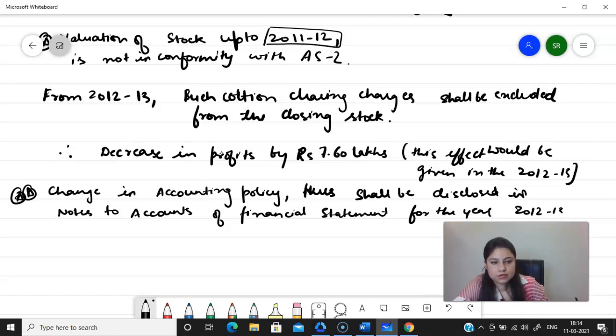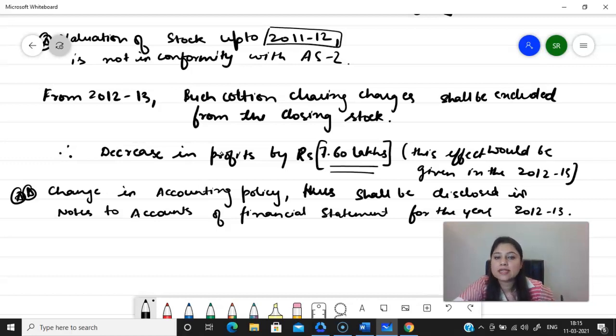2012 and 13. So why are we calling it a change in accounting policy? Because the accounting treatment that has been done in the previous year, that is in 2011 and 12, in order to correct that valuation of closing stock in the books of account, we have given a cumulative effect and thus decreased the profit by rupees 7.60 lakhs.